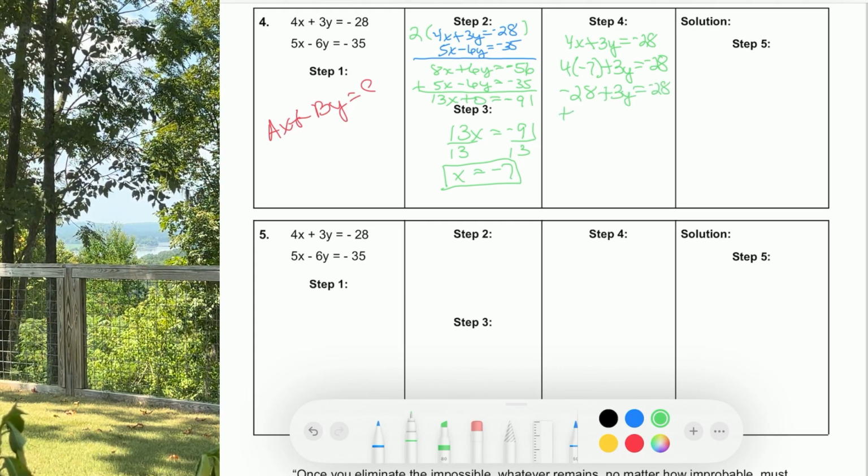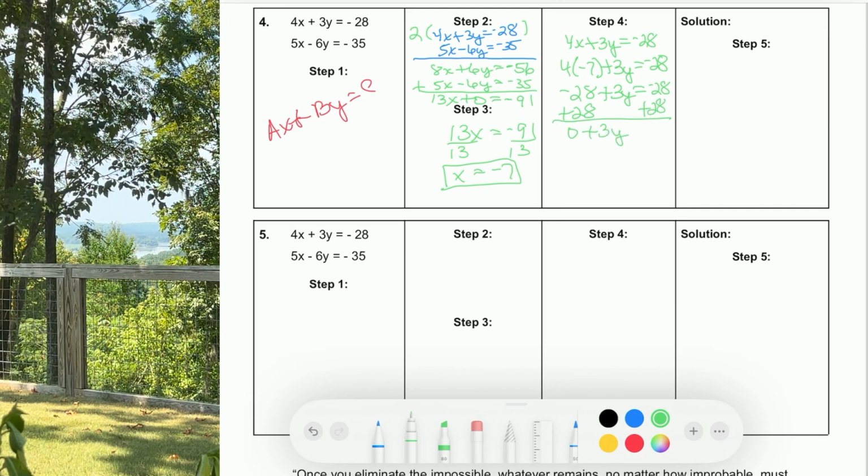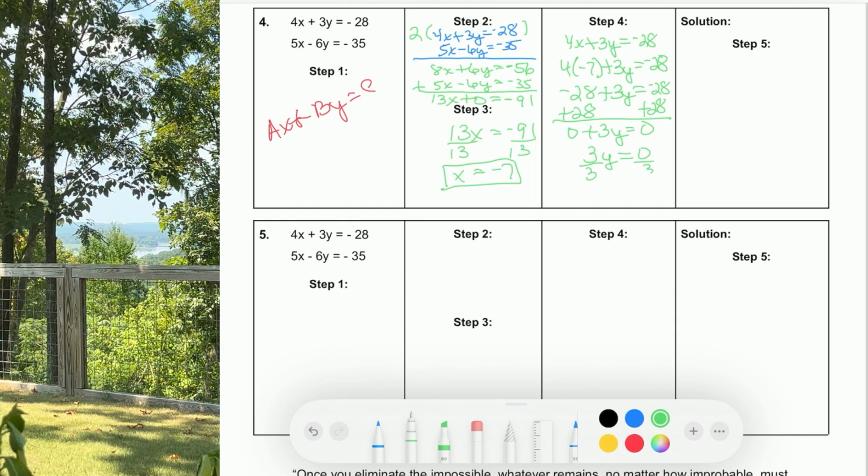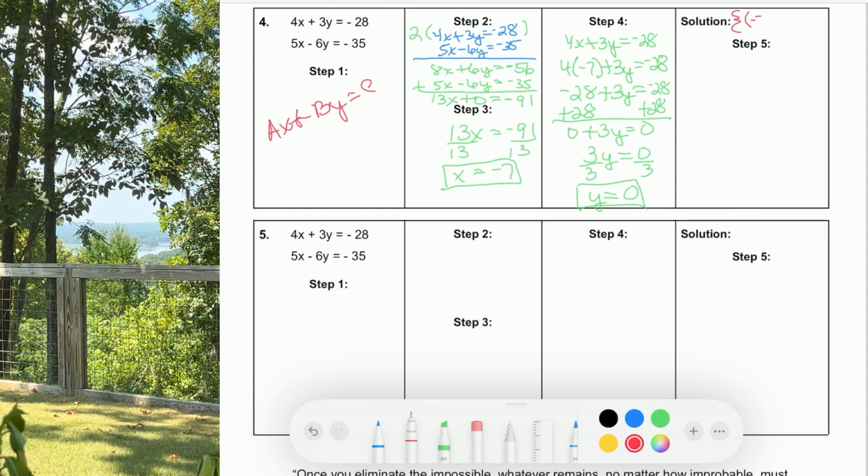I'm going to add 28 to both sides. End up with 0 plus 3y equals 0 because the 28's cancel each other out. 3y equals 0. Divide both sides by 3 and I get y equals 0. So our solution set is the ordered pair negative 7, 0.